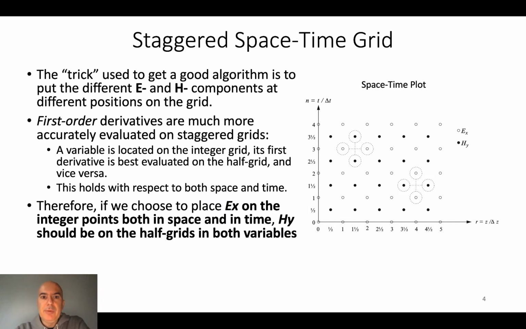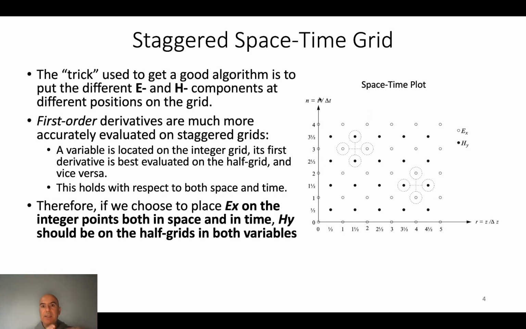In this lecture, we introduce a trick. The trick used to get a good algorithm is to put the different electric field and magnetic field components at different positions on the grid. We talk about a space-time grid. The space-time grid consists of a plane where the x-axis is space, so the grid is discretized in space, and the y-axis is time.